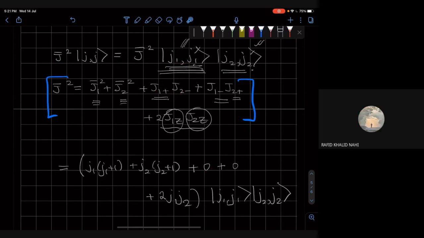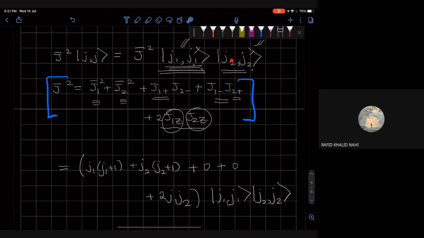I had a question. When we apply J2 squared to this state, how does an operator act on a tensor product state? The J1 will act only on the first state.